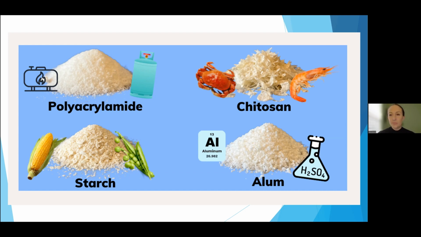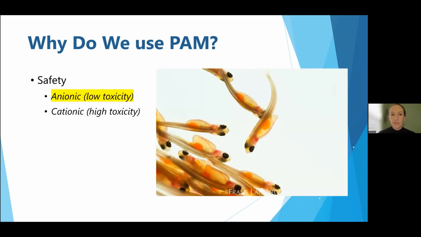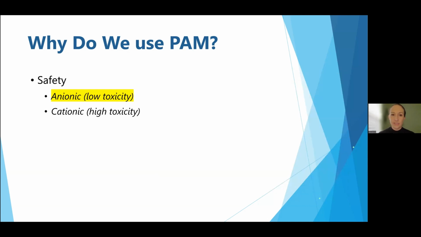So in passive treatment specifically, the most widely used flocculant is PAM or polyacrylamide. And the reason for that is primarily because PAM is very safe for the environment. It has a very low toxicity to fish and other sensitive aquatic organisms in comparison to cationic polymers that are confined to active treatment systems because they have high toxicity.